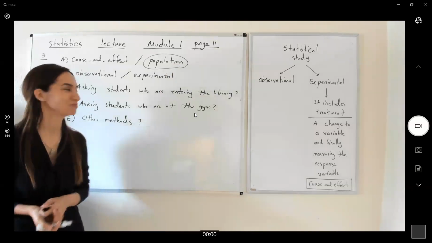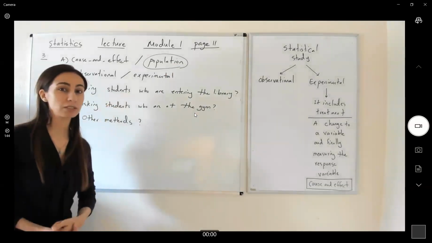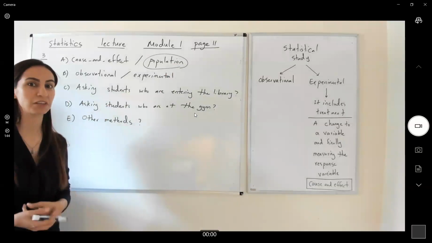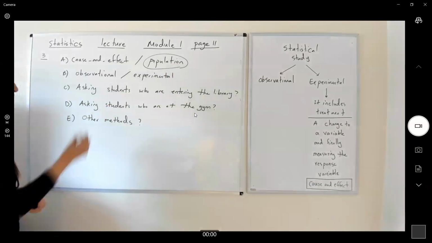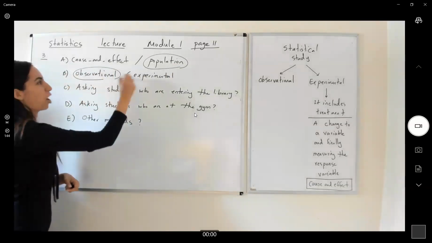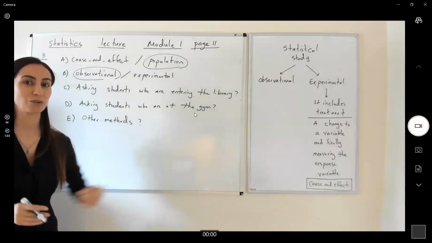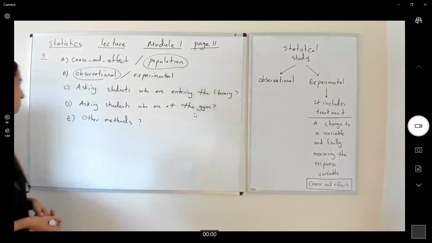Yes or no? Experimental, do we have any treatment here? Are we changing our independent variable, then measuring our dependent variable? Of course not. It's just observing. Observational study. We're just observing by asking questions, we collect the data, and then we're done.